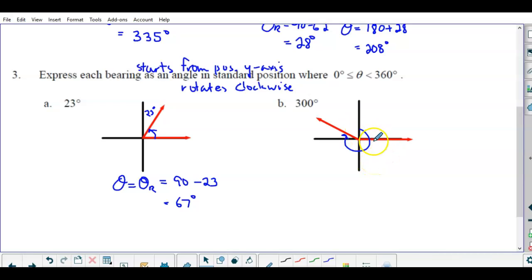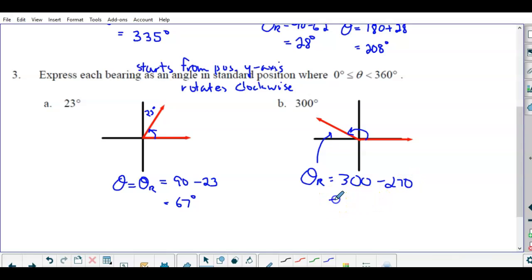So we need to, basically, I'm going to erase that because our standard position angle goes from here to here, okay? So this was 300 to get to here. So basically, this angle, which is the reference, is 300 minus 270, right?